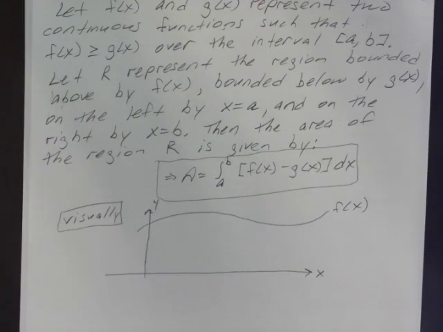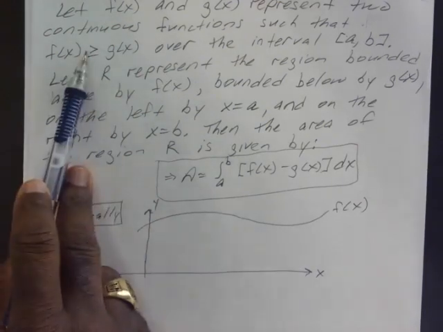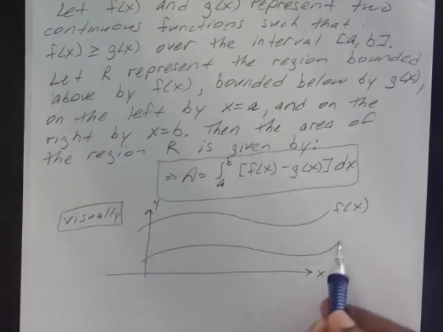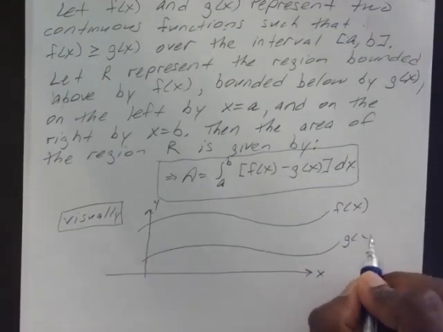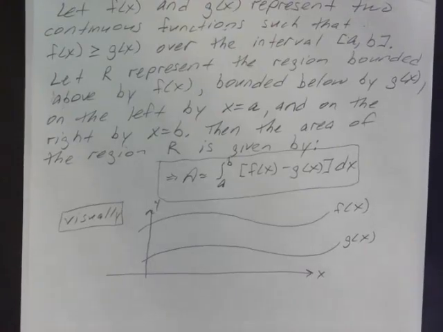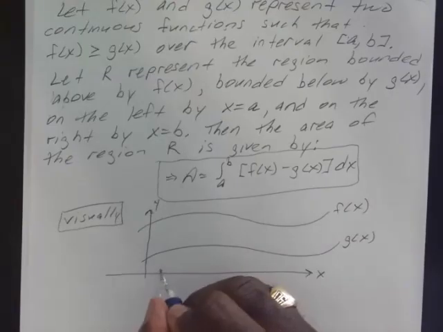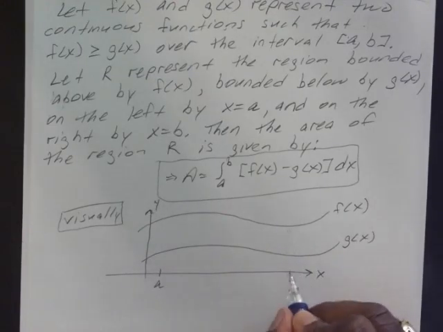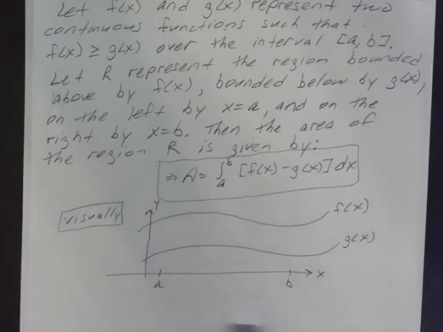Okay, and we know that that function is greater than or equal to some function g of x. We'll call this g of x. But only between some values x equals a and x equals b. So we'll say this is our x equals a and b.